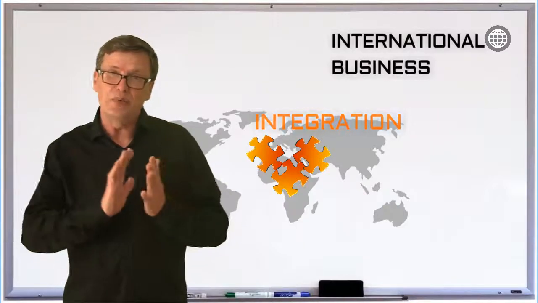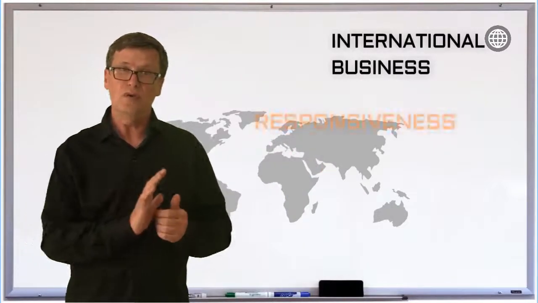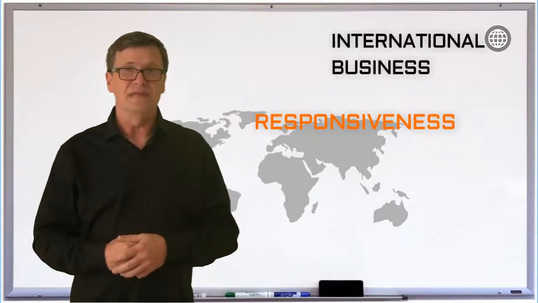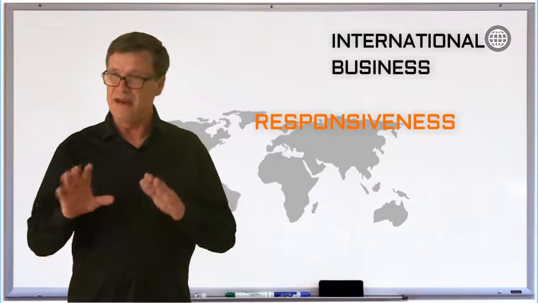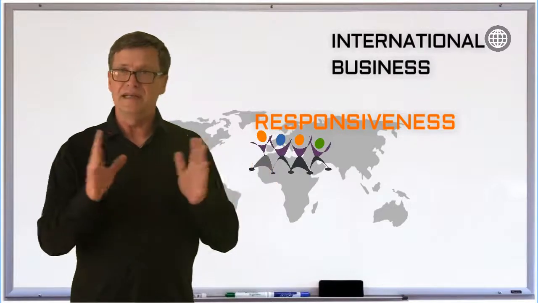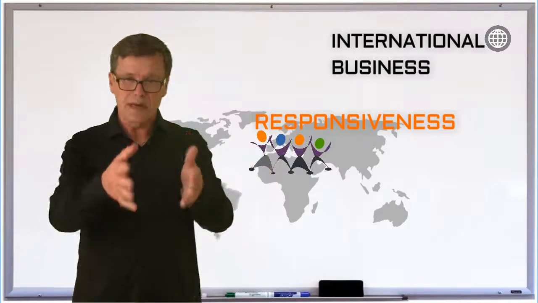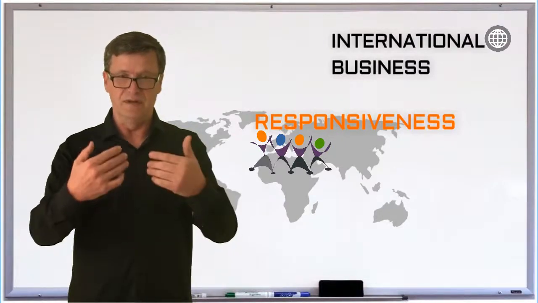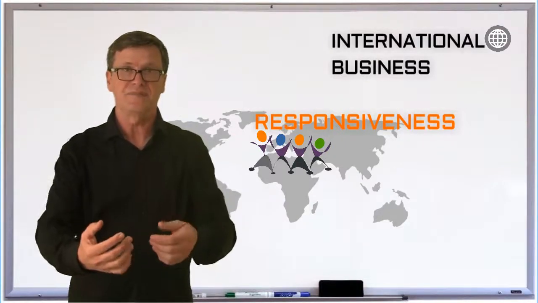The second pressure was called local responsiveness. Local responsiveness needs to be considered because every foreign market is different in terms of local market needs and requirements, otherwise known as the level of local responsiveness.